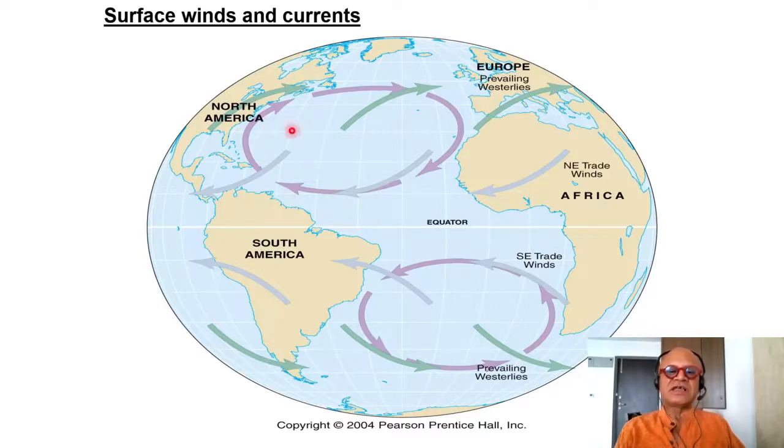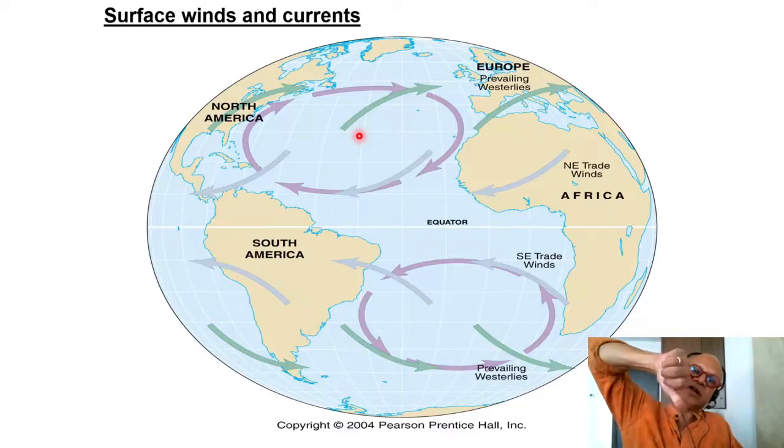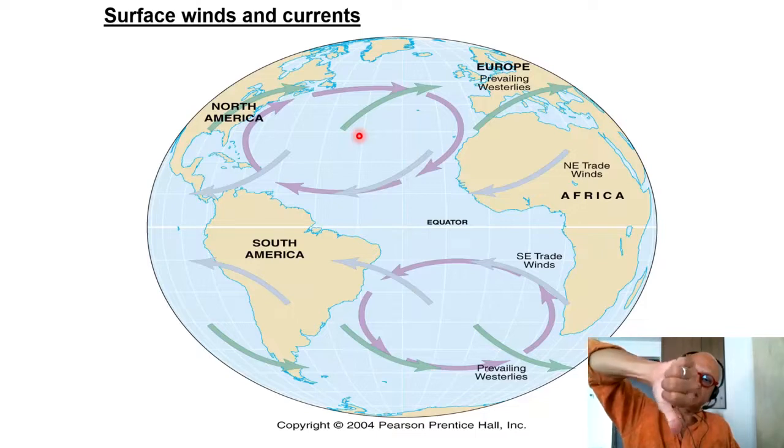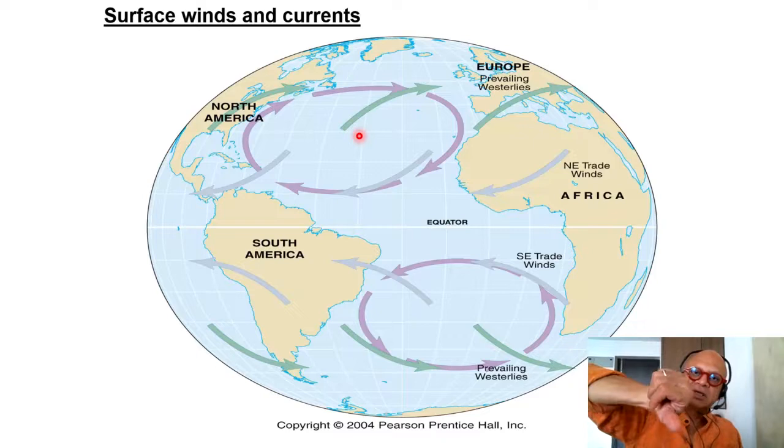But the other thing that is happening, which is a little bit more complicated, is that winds have what are called wind stress curls. If you curl your fingers around the trade winds going northeastward and mid-latitude westerlies going westward, then you create this finger going down into the ocean.